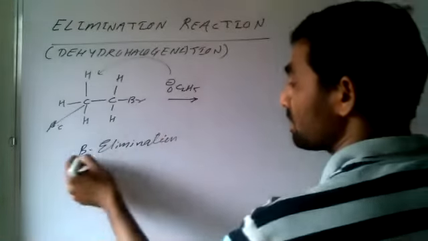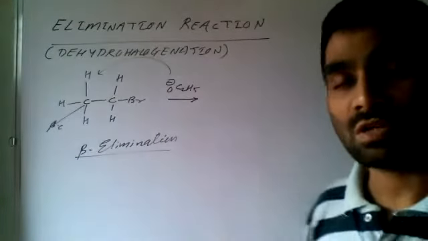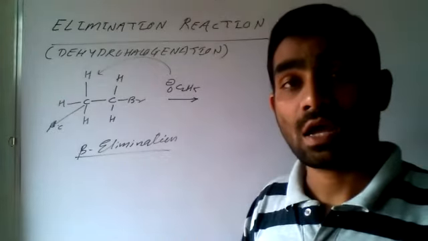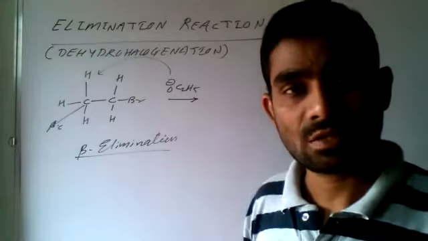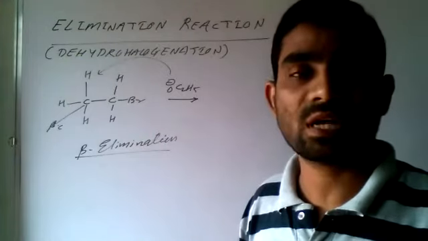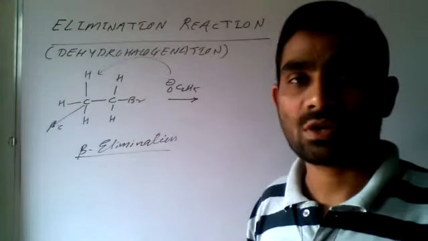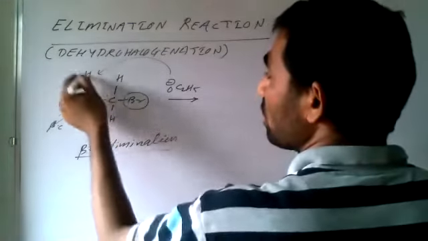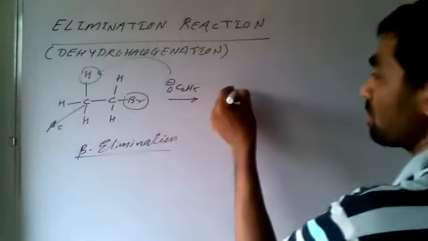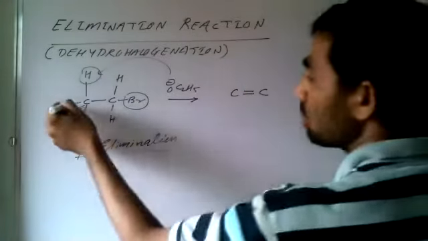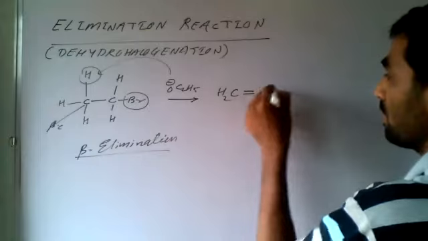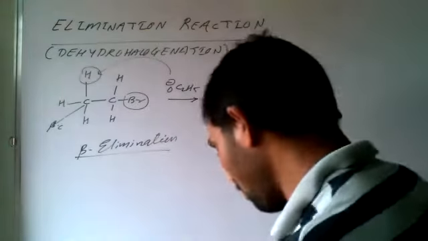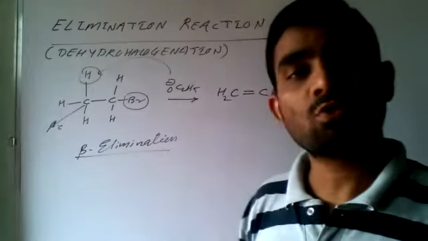The reaction in which the beta carbon is attacked by the strong base and a proton is abstracted from that beta carbon. Such reactions are called beta elimination, and this H and this Br are lost, and there is formation of a carbon-carbon double bond. There are two hydrogens here.